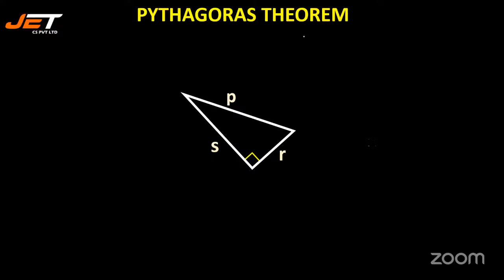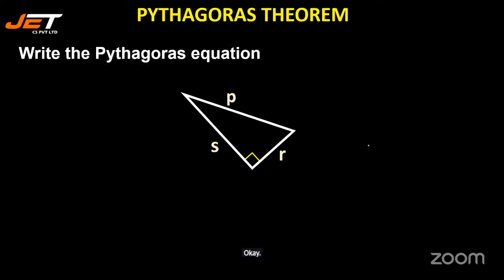Write the Pythagoras equation. So P is the longest side, isn't it? So P square is equal to R square plus S square.